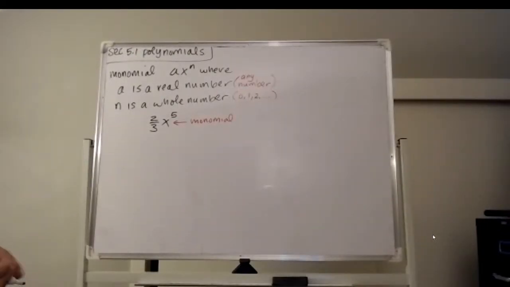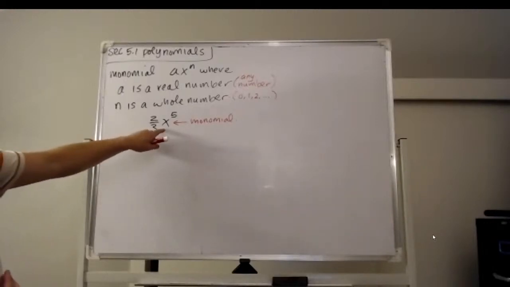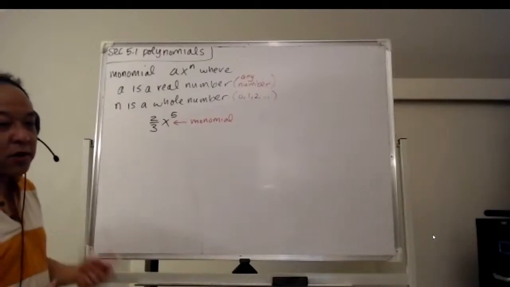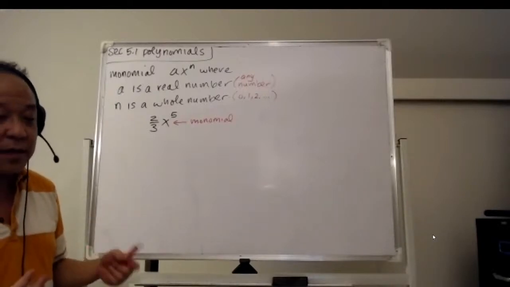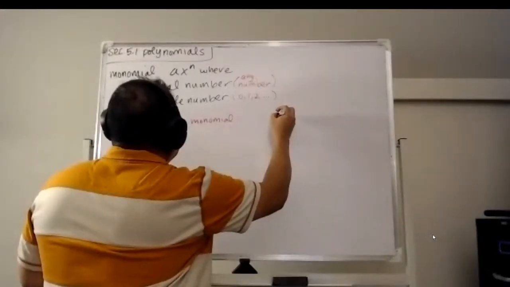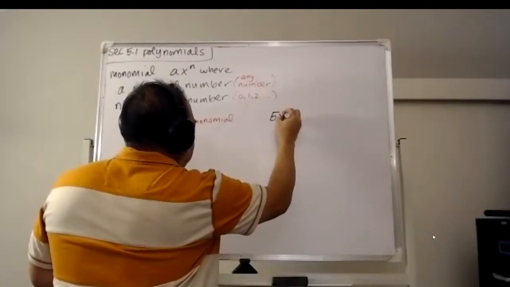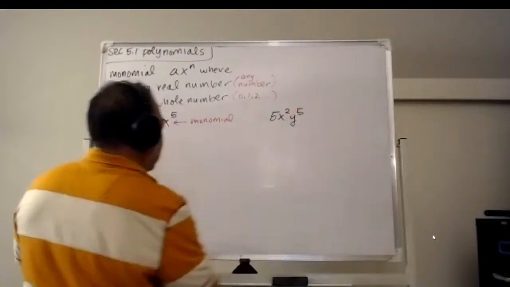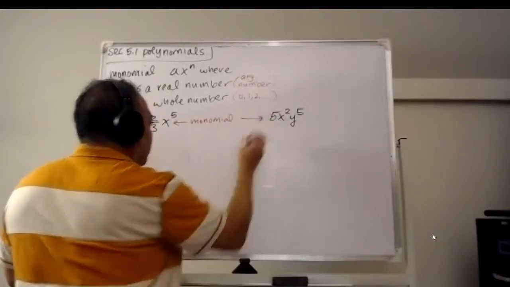Now, for the most part in this class, we're going to concentrate on monomials with single variables. But in terms of your homework, in terms of, is this a monomial, is this a polynomial, they'll also have things that have multiple variables. So this is also a monomial.